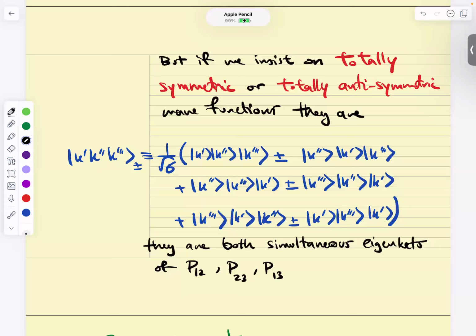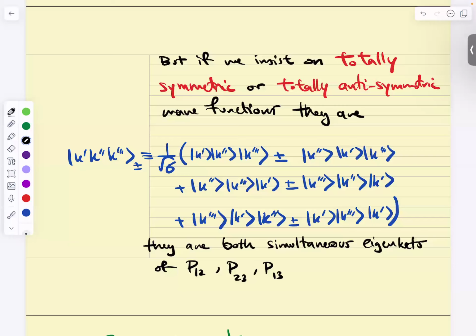All right. There are 6 vectors, but for 3 particles, these are the only ones we see in nature. When we look at identical particles and put together 3 of them, the wave functions that come out are only totally symmetric or totally anti-symmetric. No other options.